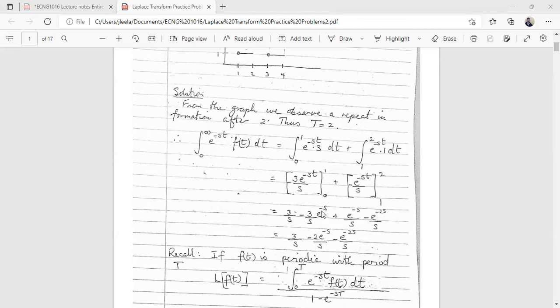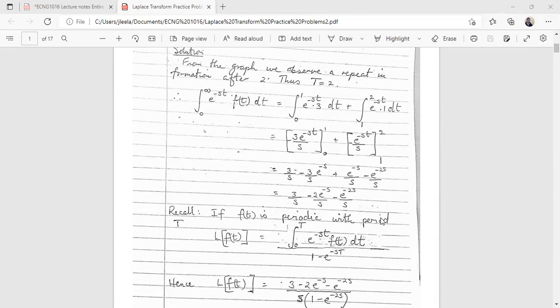Right? So I'll write the positive term in front, and likewise it will happen with this other part here that we integrated. So you'll get e to the minus s over s when you put in the 1 here, because it'll be minus minus e to the minus s over s, which is e to the minus s over s. And then when you put in the upper limit, you'll have minus e to the minus 2s over s.